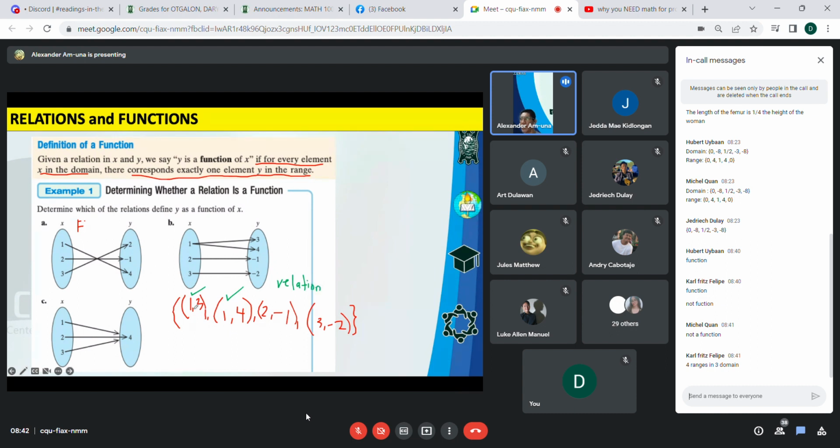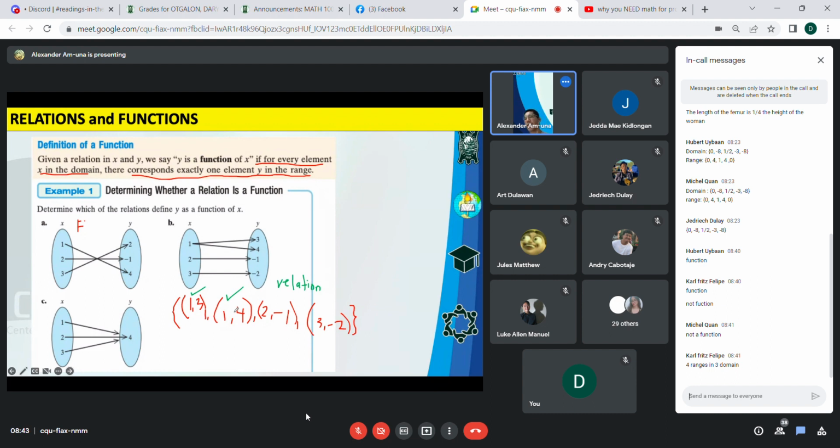So a relation is just a set of ordered pairs, but it's not a function. Because when it is a function, for every x value, there is a corresponding y value. And that x value cannot have two different y values.